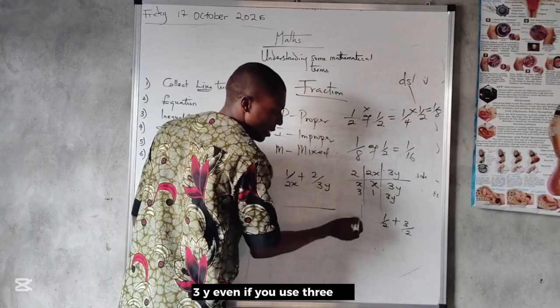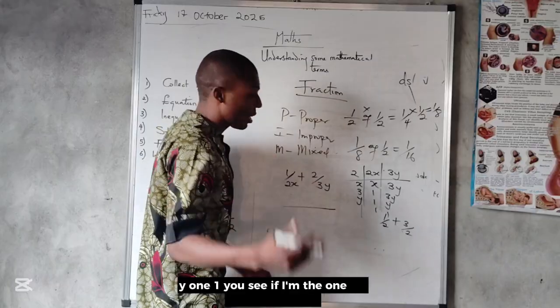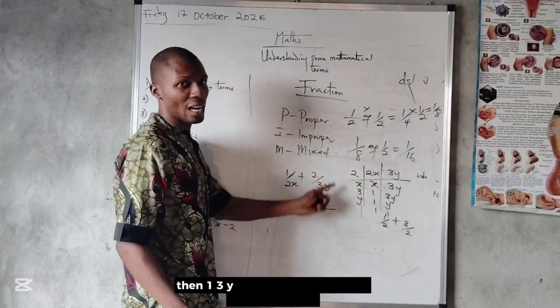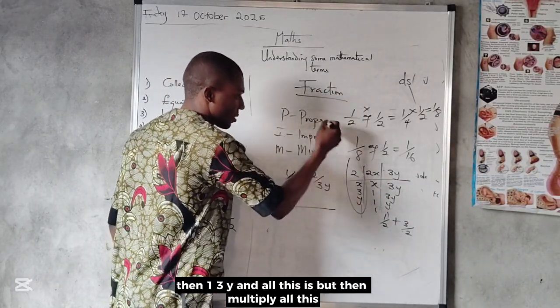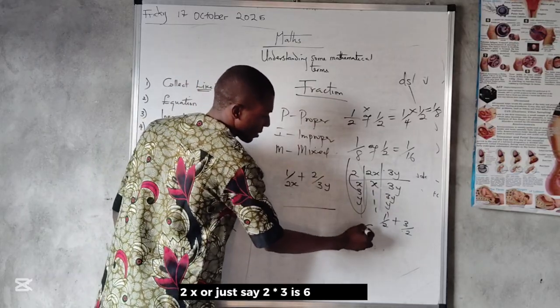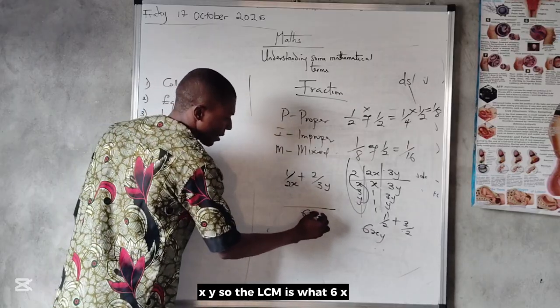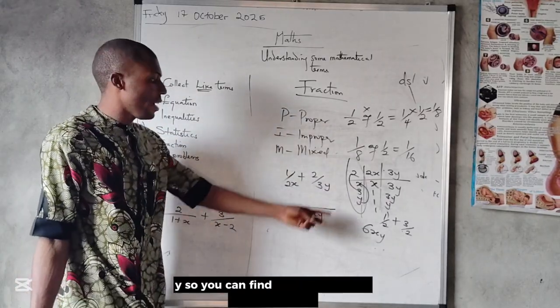Even if you use 3, 1, y, 1, 1. If I'm the one, I'll just say 2x here, then 1, 3y. But then multiply all this. You have 2 times x, 2x. Or just say 2 times 3 is 6. x times y, xy. So the LCM is what? 6xy. So you can find LCM of this.